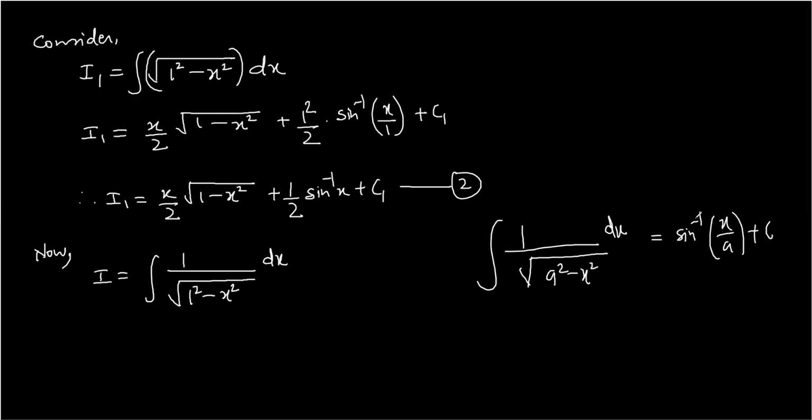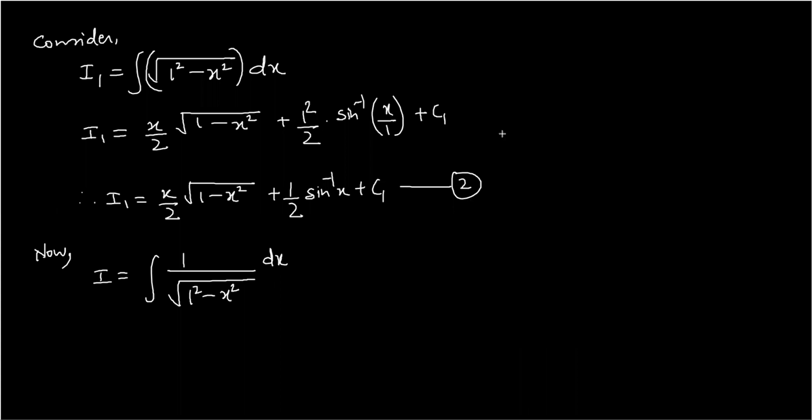So what do I get? I get sine inverse of x upon 1 plus c2, because this one is I2, that is sine inverse of x plus c2. I write this as equation number 3.